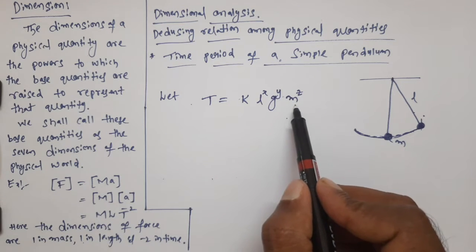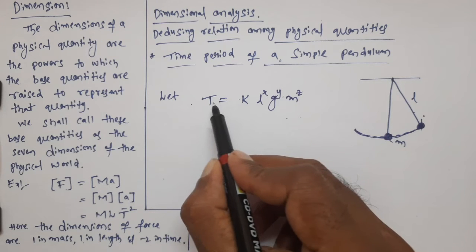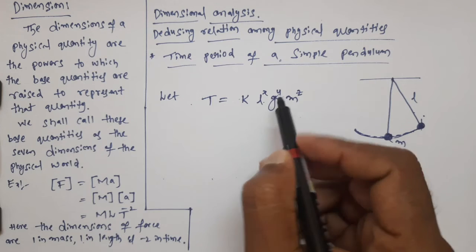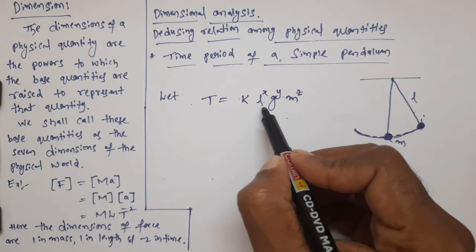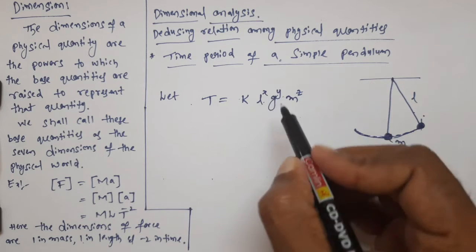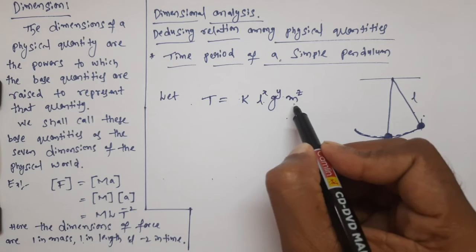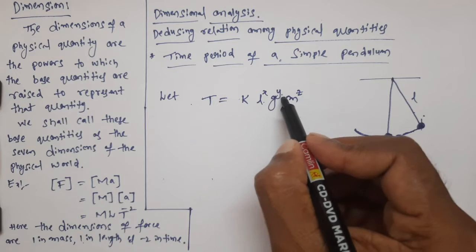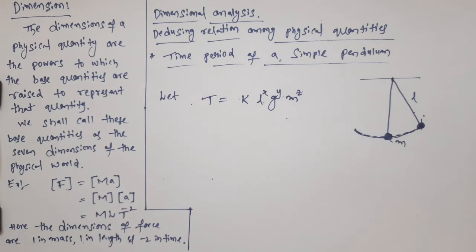And here we are taking the dimensions of L power x, and for g we take power y, and for m we take power z. We don't know the x, y, z values. x, y, z values are integers. We may get 0, we may get +1, +2, +3, and so on. We may get -1, -2, and so on. Finally we have to compare the dimensions of the left hand side and right hand side.